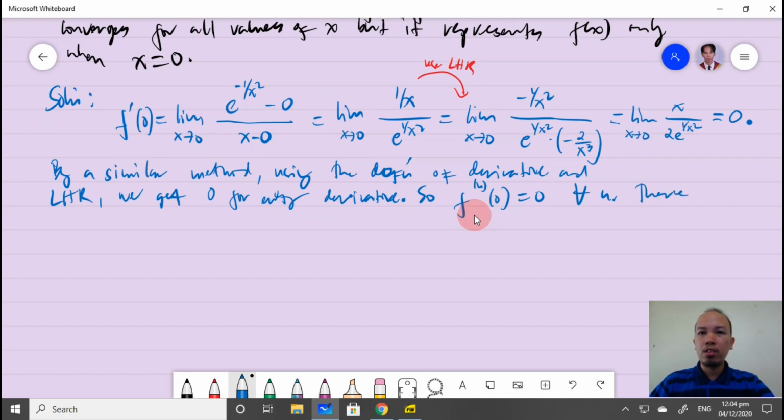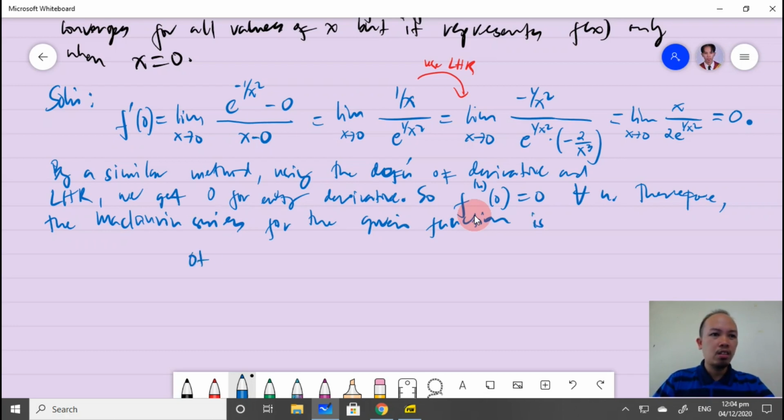So the conclusion is, therefore, the Maclaurin series for the given function is this one: 0 plus 0 plus 0 plus and so on.